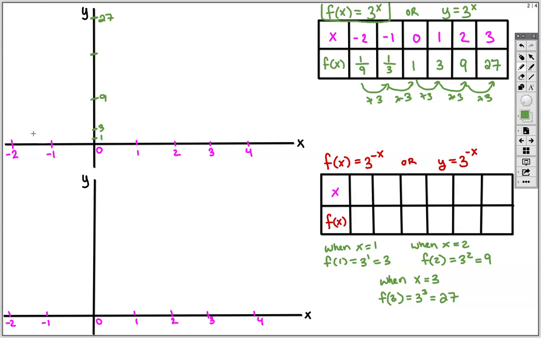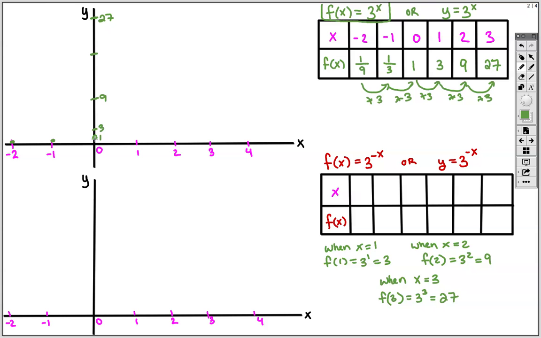And so at -2 we're at 1/9, so we're going to be very, very close to 0. We're not going to be at 0, but we're going to be very, very close to it. And then at -1 we're a little bit bigger. That's maybe even too big still. So we're going to get really, really close to the x-axis.